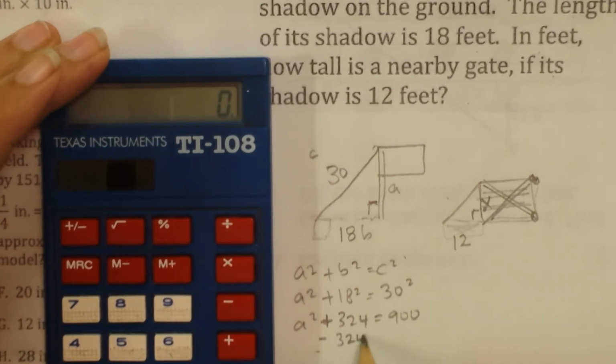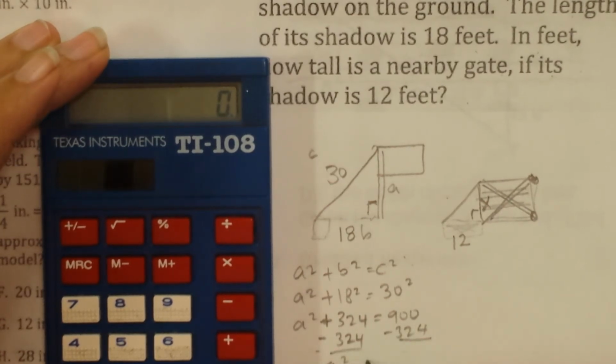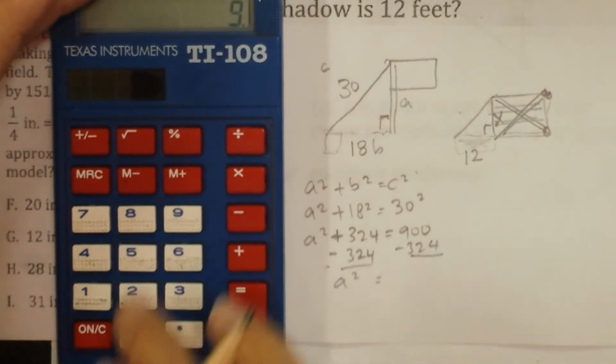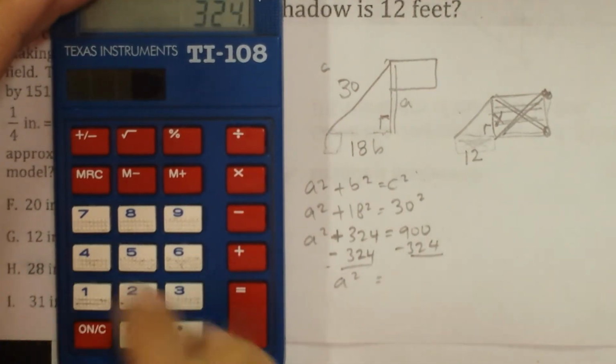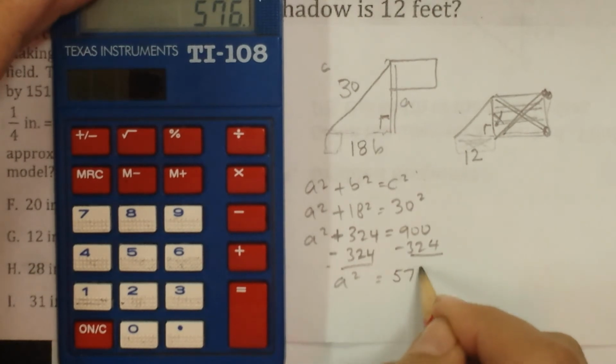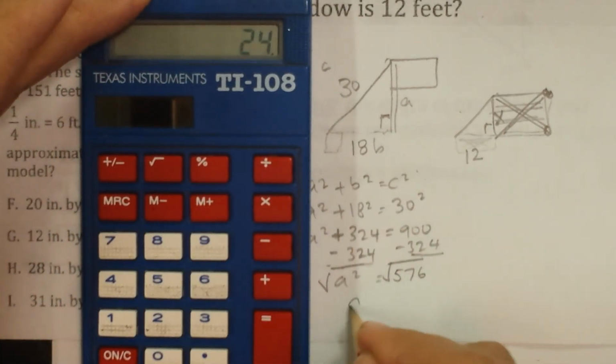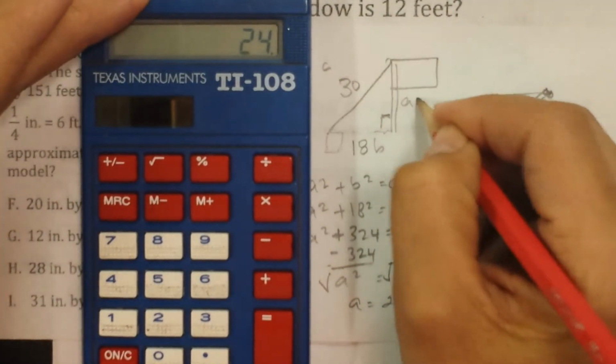Subtract 324 from both sides. So A squared equals 576. Take the square root. A is 24. So this right here is 24.